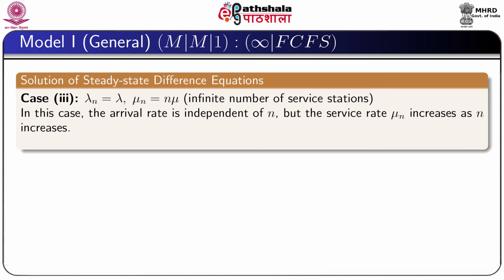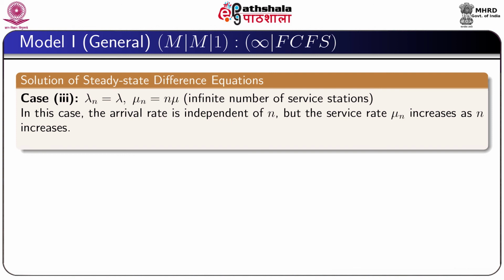Case 3. We suppose that lambda n equal to lambda and mu n equal to n mu, and mu n equal to n mu indicates the infinite number of service stations. In this case, the arrival rate is independent of n, but the service rate mu n increases as n increases.